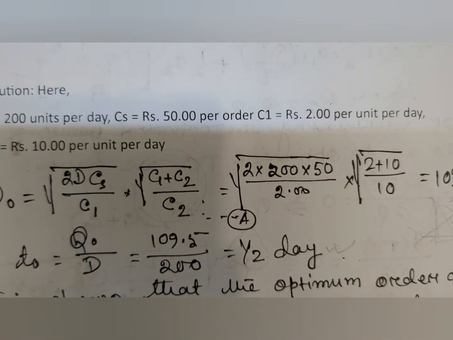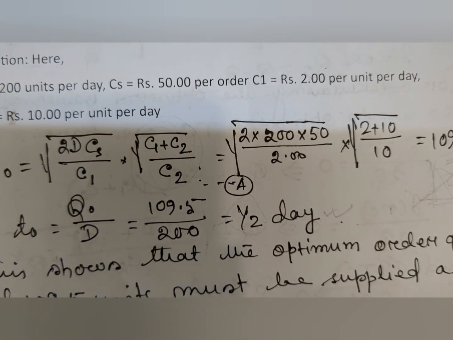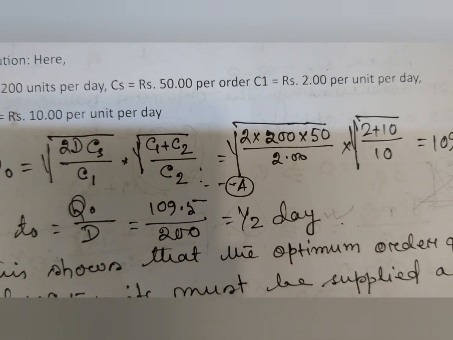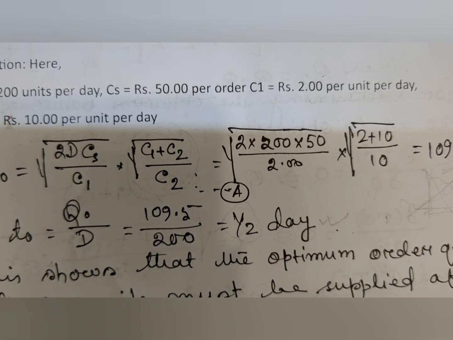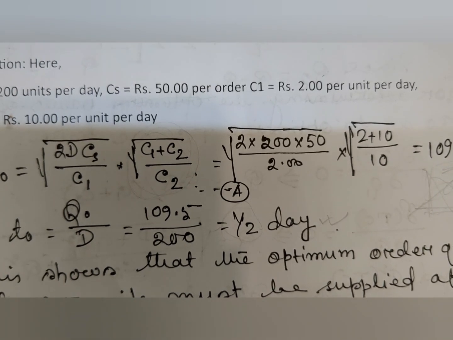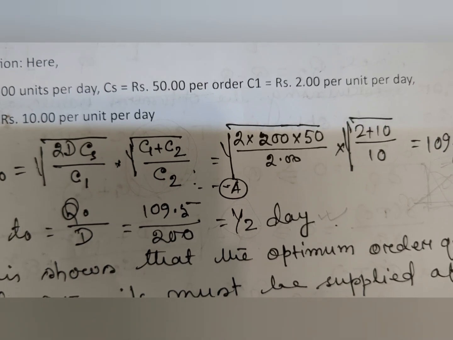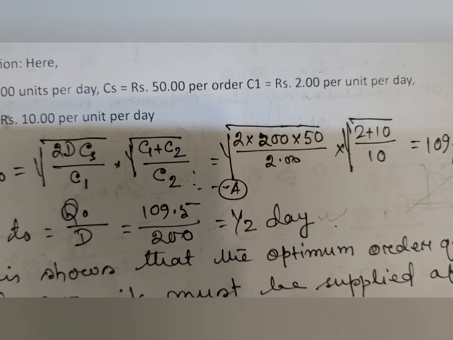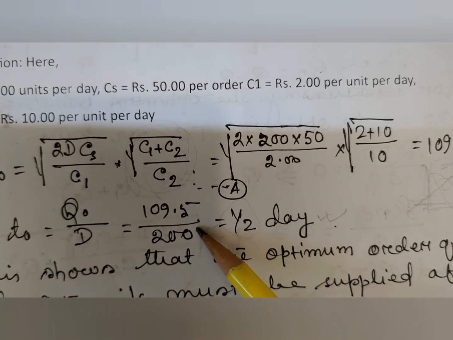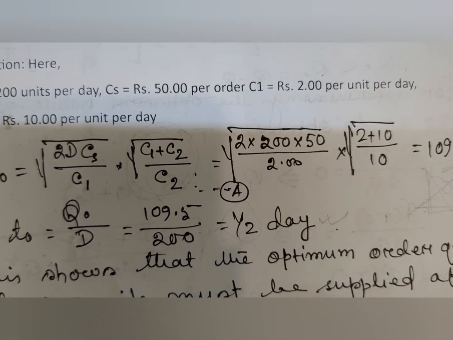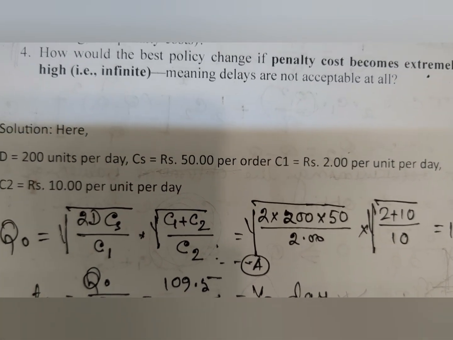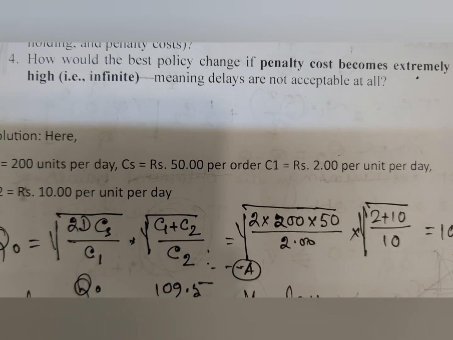And that means the formula will be changed to this type, 2 D C_S divided by C1 only. तो ये करते तो optimum order की quantity 100 हो जाएगा, इसमें हमें 109.5 नहीं, ये हो जाएगा. इसका मतलब 100 करके order करना है. और time interval purely half days, यहाँ पर देखोगे दोनों half day बाद में ही इसको order place करना है. 100 divided by 200, इसमें थोड़ा सा ज़्यादा था, 109.5 by 200, इसमें तो मैंने rounding कर दिया तो half day पर होगा. तो इसी तरह से you can solve the problem of economic order quantity with shortage.